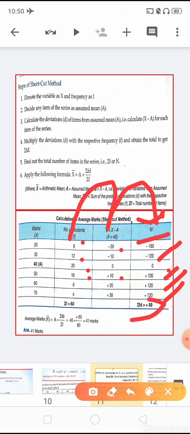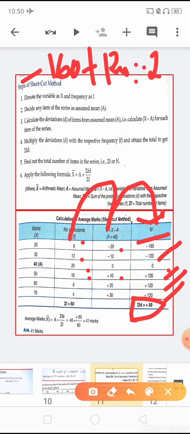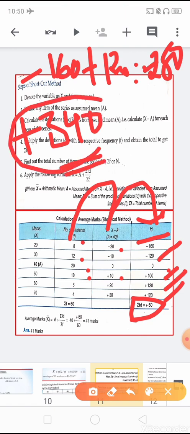Now we need to sum these values. For summing, the negative values are minus 160 plus minus 120, so the negative total is minus 280. And if we calculate the positive values, it is 120 plus 120, that is 240, and plus 100, it is 340. So children, the summation of the positive values is plus 340, and the negative is minus 280.